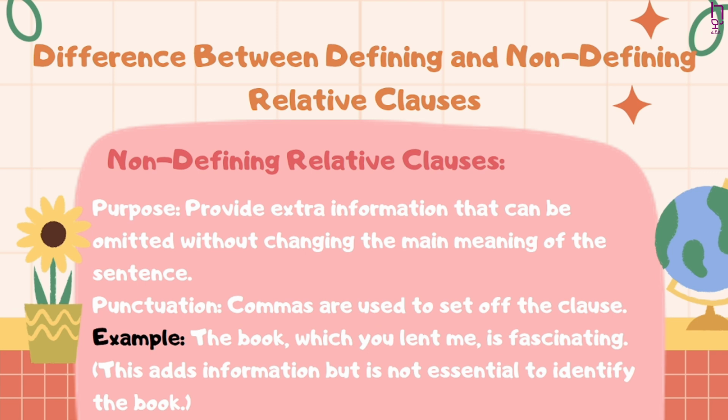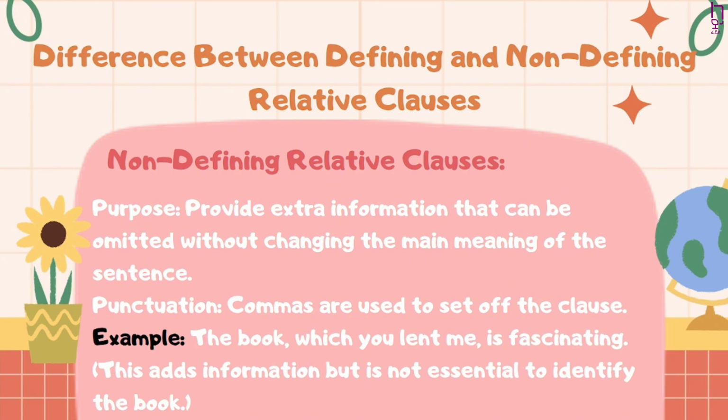The second one, the non-defining relative clause, provides extra information. It's extra, and it can be omitted or left out without changing the main meaning of the sentence. It's just adding an extra meaning. In the case of a non-defining relative clause, commas are used to set off the clause.